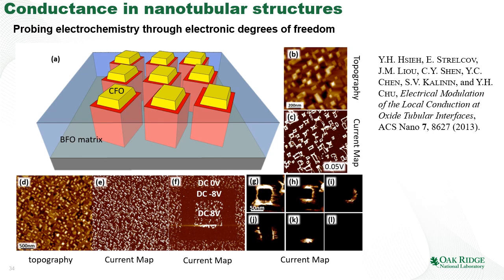So this is the cobalt ferrite tubules grown in the bismuth ferrite matrix. And the remarkable property of this is that the interface between the cobalt ferrite and bismuth ferrite has electroresistive properties. In other words, as a function of the electric bias, we can make these regions conduct, and we can make these regions insulating.